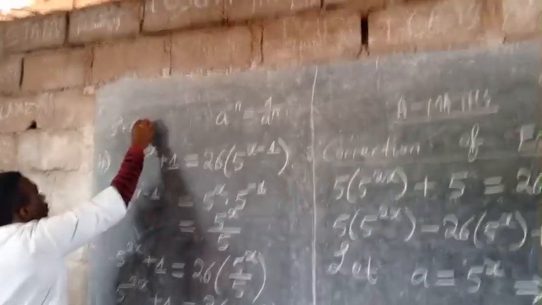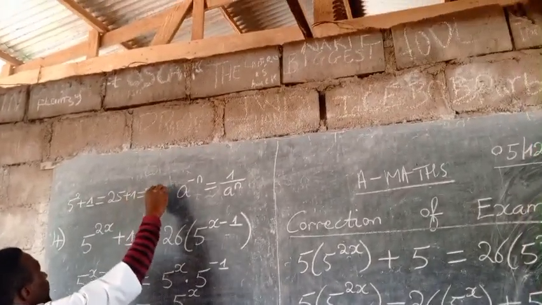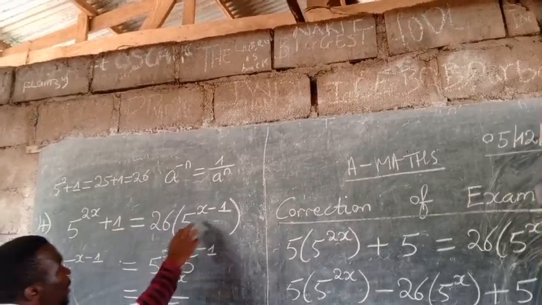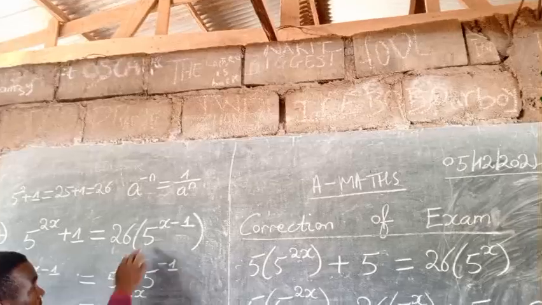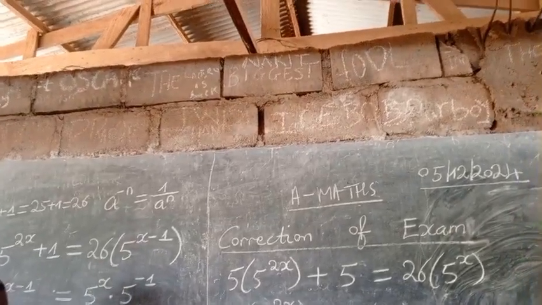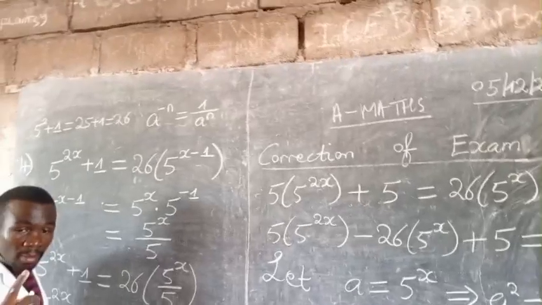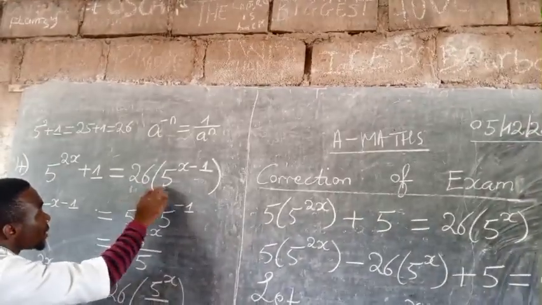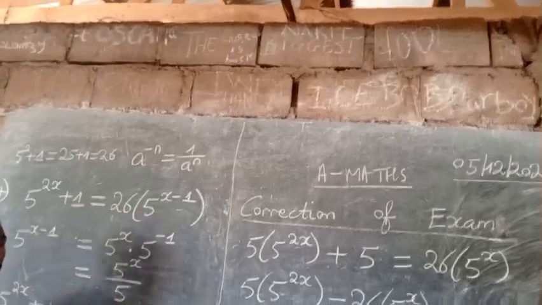You know 5 squared is 25. 25 plus 1 gives us 26. Here, if you replace x with 1, 1 minus 1 is 0. 5 raised to the power 0 is 1. 1 times 26 is 26. You see that the left hand side will equal the right hand side.